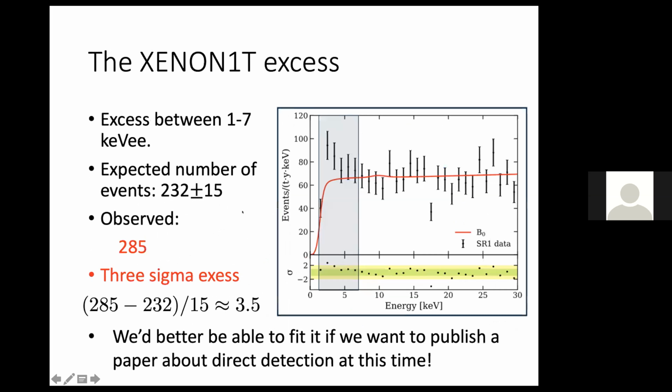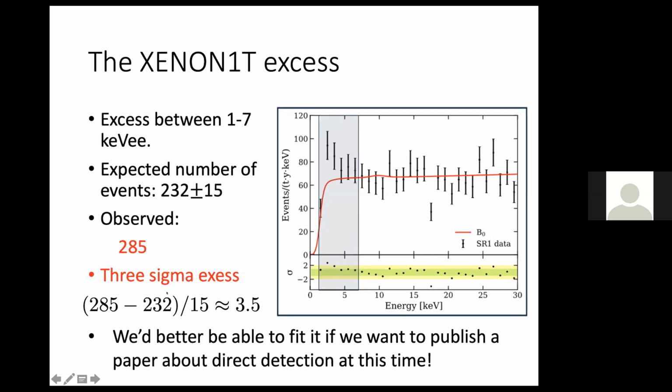And what they found is an excess. So what is this excess? They found an excess between 1 and 7 keV in electron recoil events. The background they expected is something like 232 plus or minus 15, and what they observed is 285.